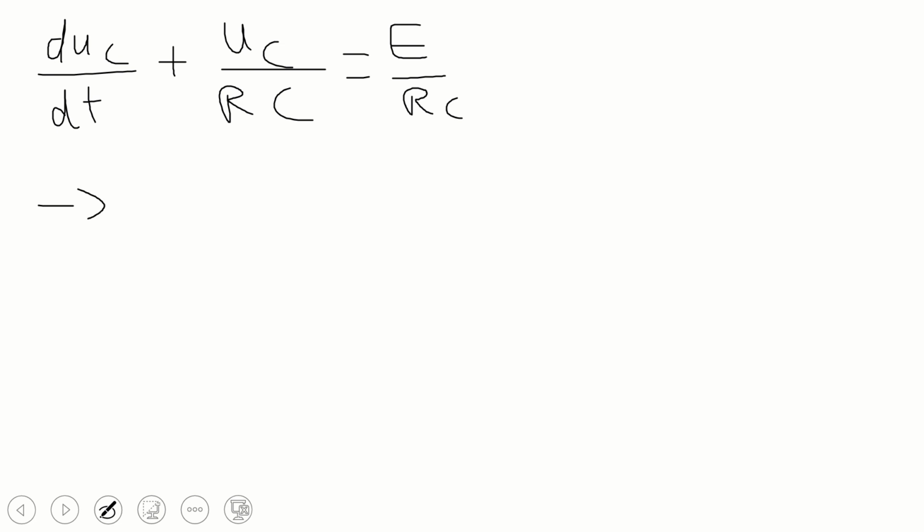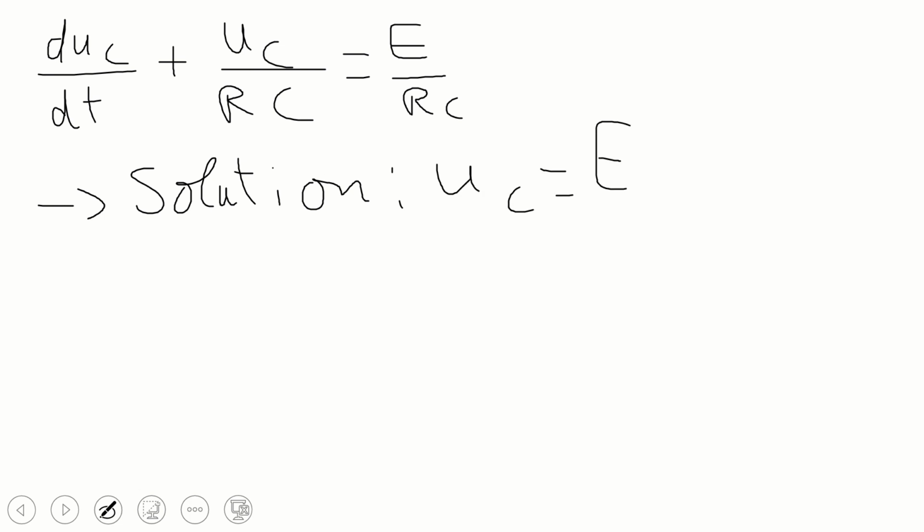Its solution is given as UC equals the maximum voltage E times 1 minus exponential minus t over tau. How to verify that it is the solution for the differential equation?